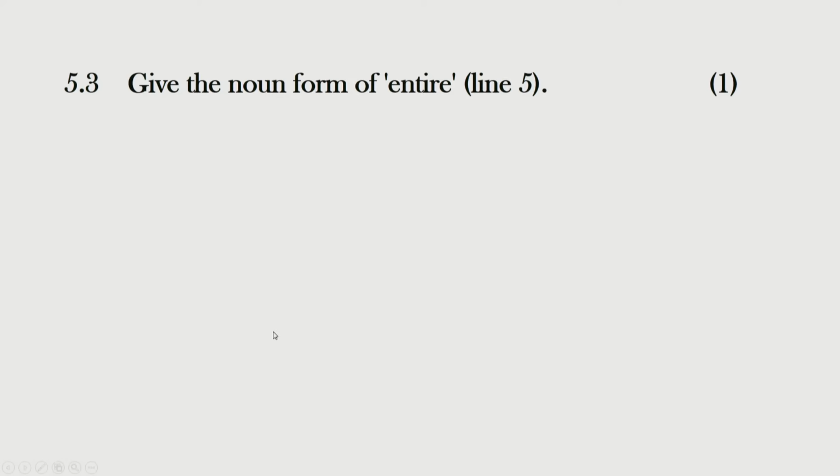Noun form of entire. Now, you must know your parts of speech. They're not that complicated. A part of speech is merely a type of word. There are, in the English language, 8, or perhaps the Americans also add a 9th one, the interjection or exclamation, whatever they want to call it.